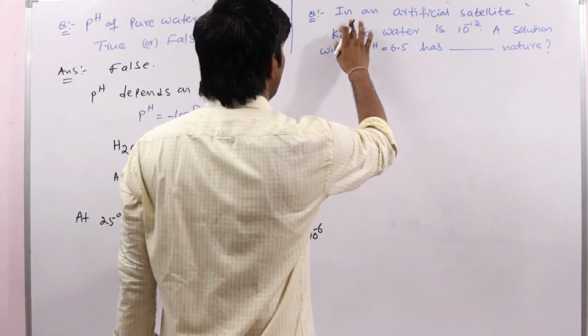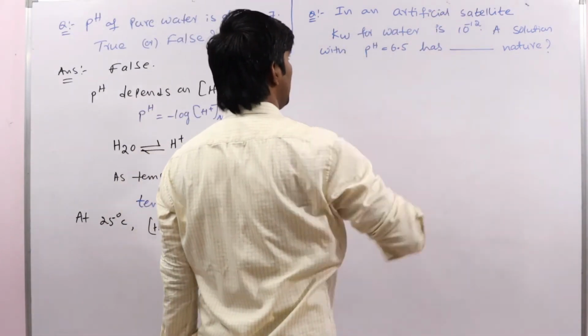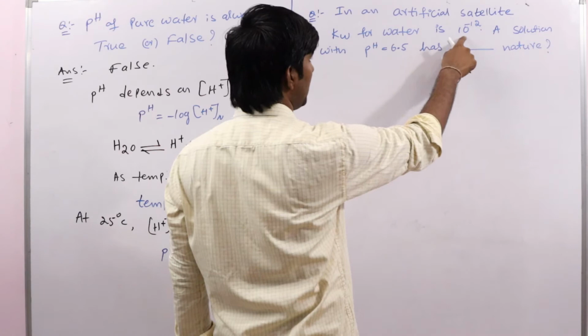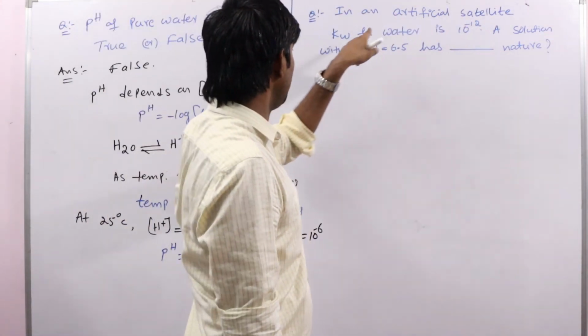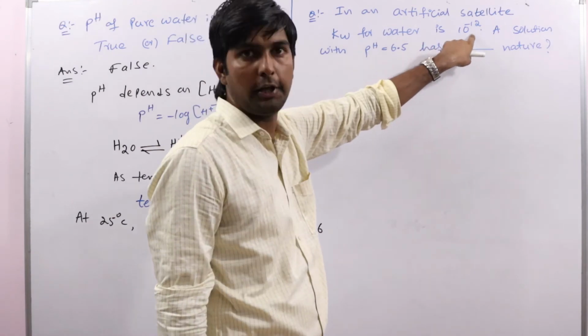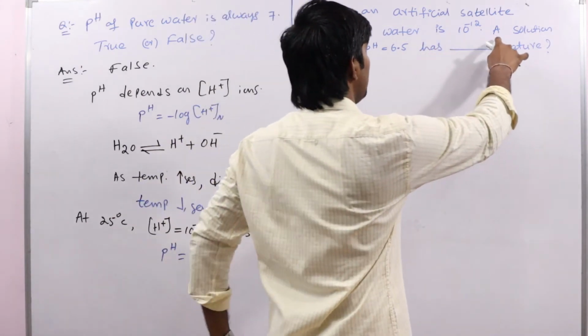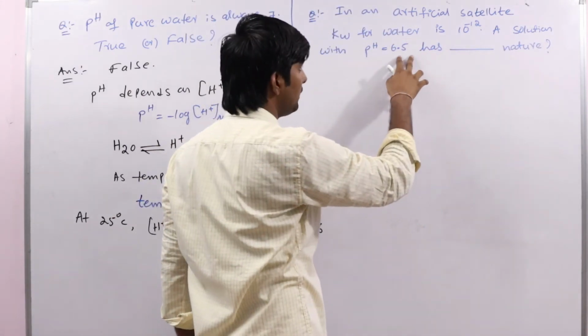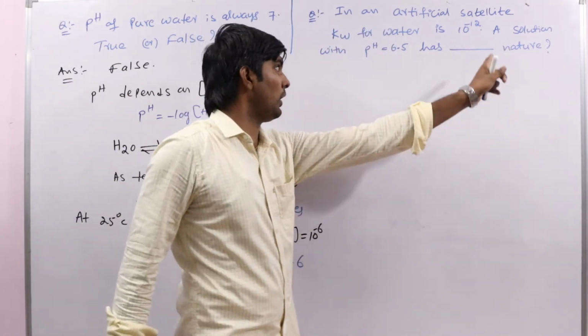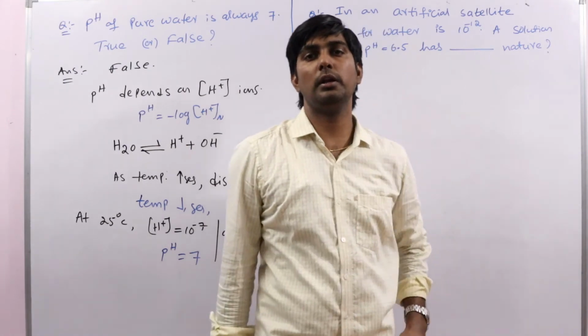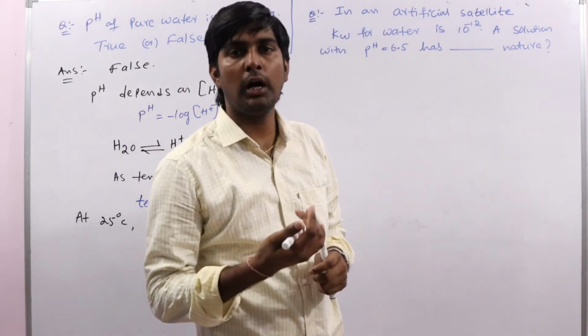Next, another one. In an artificial satellite, Kw for water is 10 power minus 12. A solution with pH equal to 6.5 has dash nature. Means we have to identify whether the solution is neutral, acidic or basic.